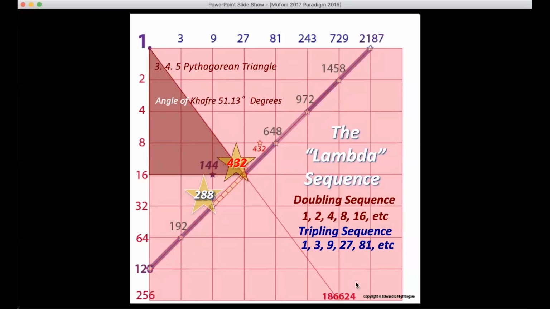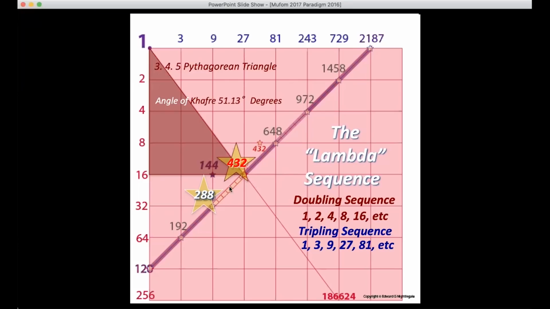Well, what happens if you square that number? The speed of light. That's E equals mc squared. Yeah, c squared is the speed of light squared. So the important point to note here is the speed of light and how that's developed out of this 432 and a squaring of it.